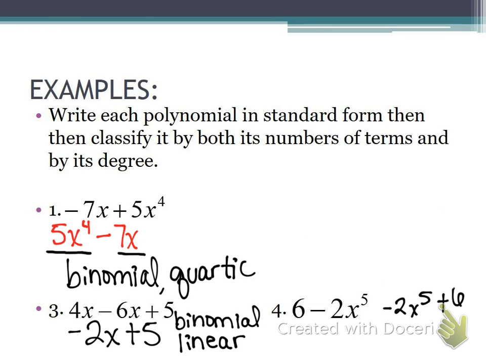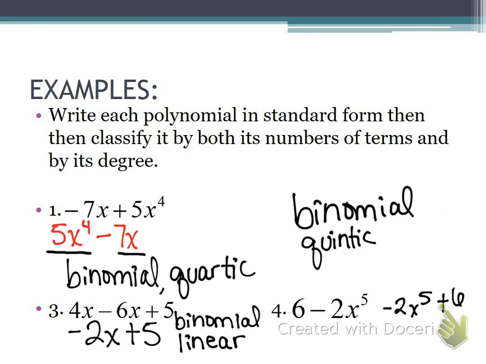Okay, if negative 2x to the 5th plus 6 is our standard form, how many terms are there? 2 terms. Okay, we got the negative 2x to the 5th and the 6. 1, 2. 2 terms means it is a binomial. What is our largest exponent? 5, which means it is quintic. It's more important that you can spell it than you can say it. Okay. So number 4 is binomial and quintic.